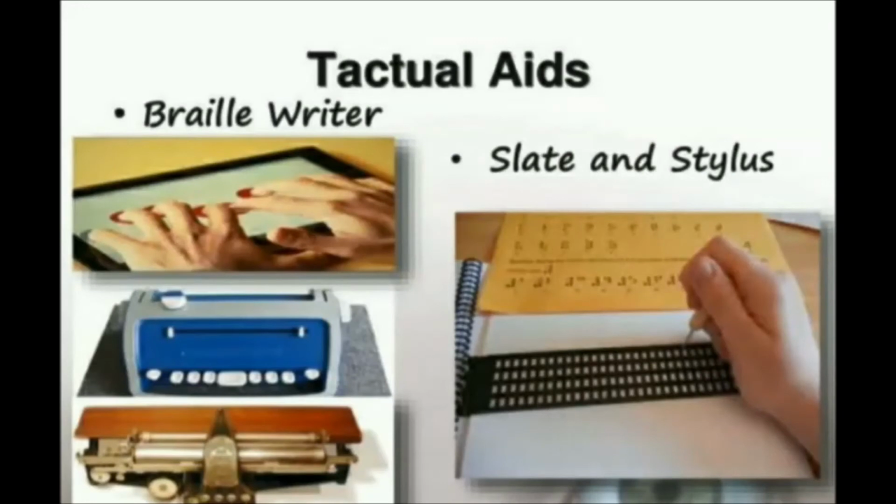The next one is tactile aids. The tactile aid is one of the non-optical aids which involve the use of touch. Some of the tactile aids are the Braille writer, slate and stylus.